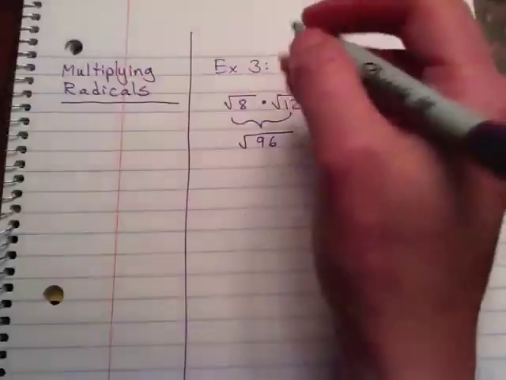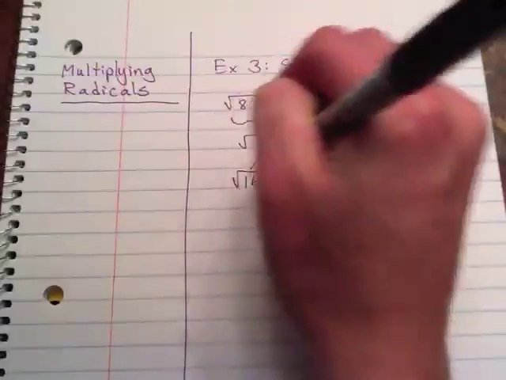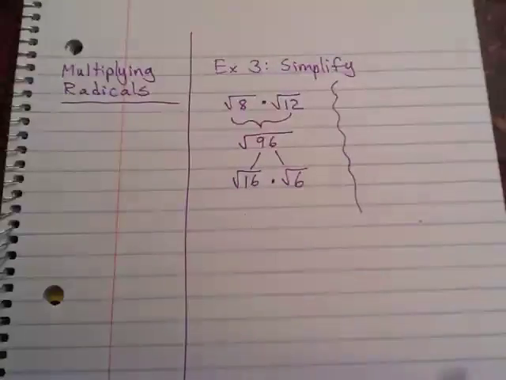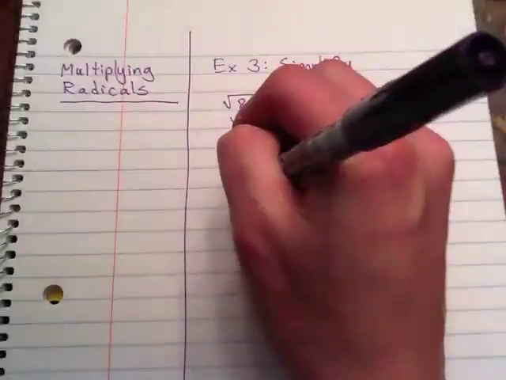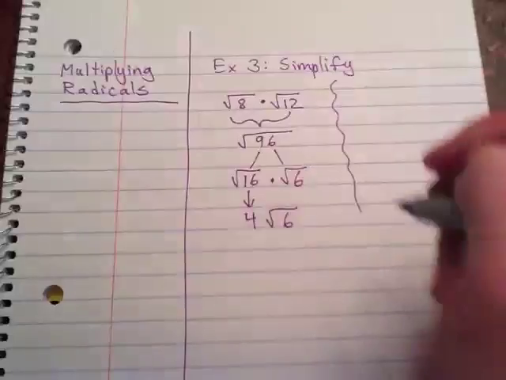The largest is 16. So if I have the square root of 16 times the square root of 6, and now I break that down, the square root of 16 is 4, and square root 6.